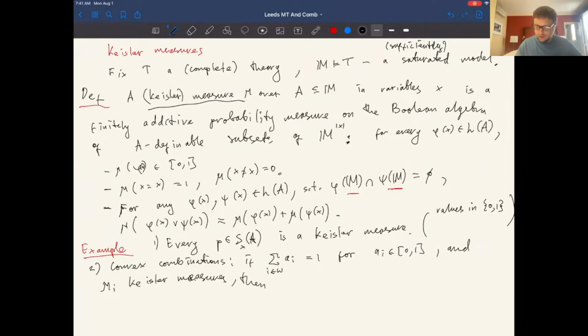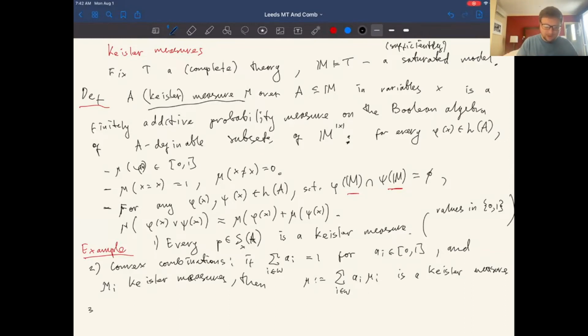We define mu to be the sum of a_i times mu_i for i in omega. So this is also a Keisler measure. All right, so we're allowed to take convex combinations. In particular, each of these mu_i's could be a type, which is an interesting case, or it can even be just an element of the structure. So we can take averages of elements in the structure in this sense and view them as Keisler measures naturally.